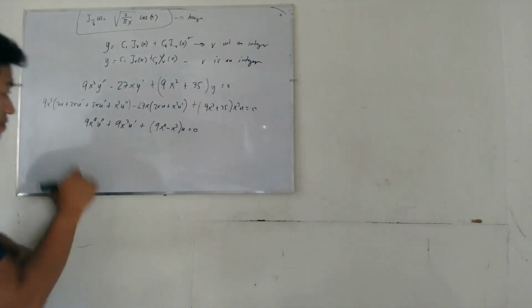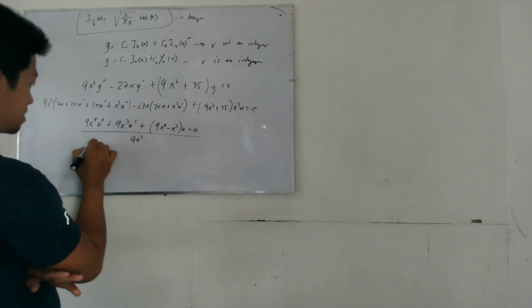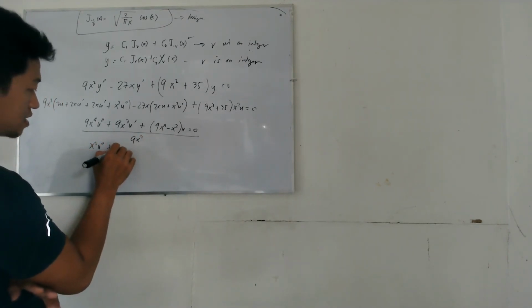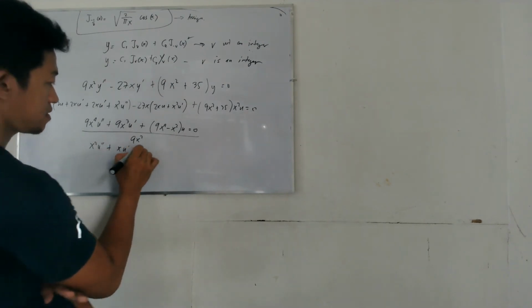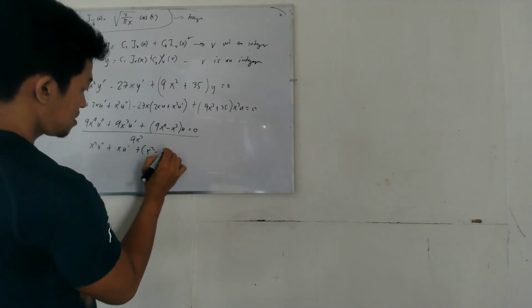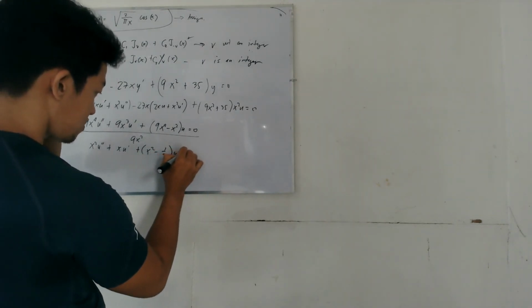Okay. Divide na to ni 9x squared. May mong x squared plus x u prime plus x squared minus 1 over 9 u.